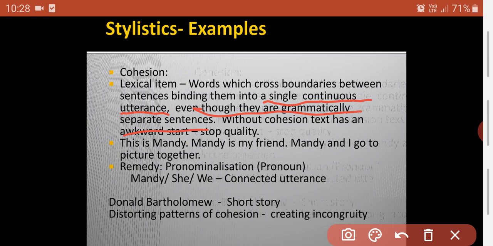You must have dealt with anaphora and cataphora in your grammar, when you were learning grammar. The same thing applies to cohesion as well. It references forwards and backwards. If you have once mentioned a character, later on when you're talking about the same character, you don't use the name again and again.